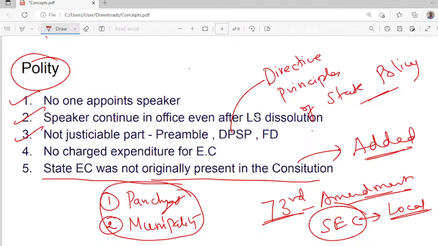No. The Election Commission of India will take care of the state assembly, Lok Sabha, Rajya Sabha, President and Vice President elections. So what is the use of having a State Election Commission? It will conduct the elections for local bodies, sir. Local bodies means Panchayat and municipality.